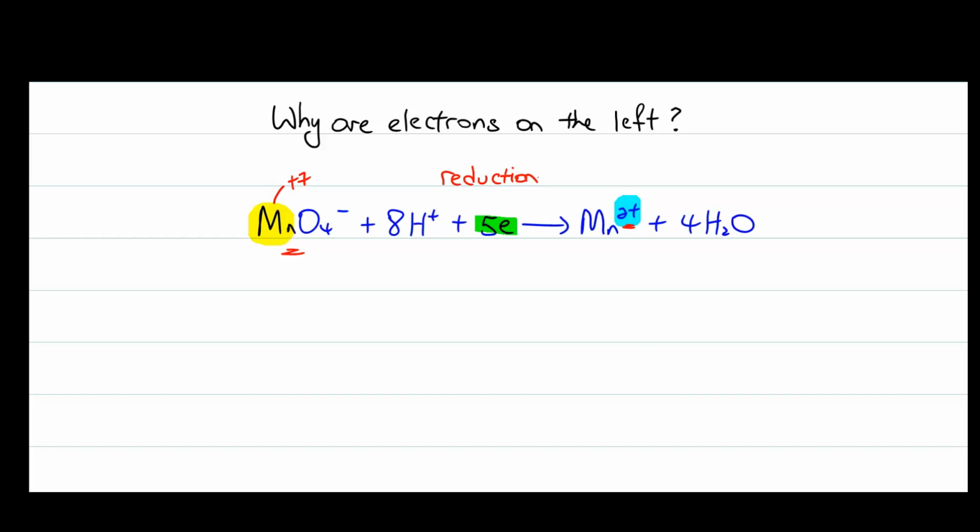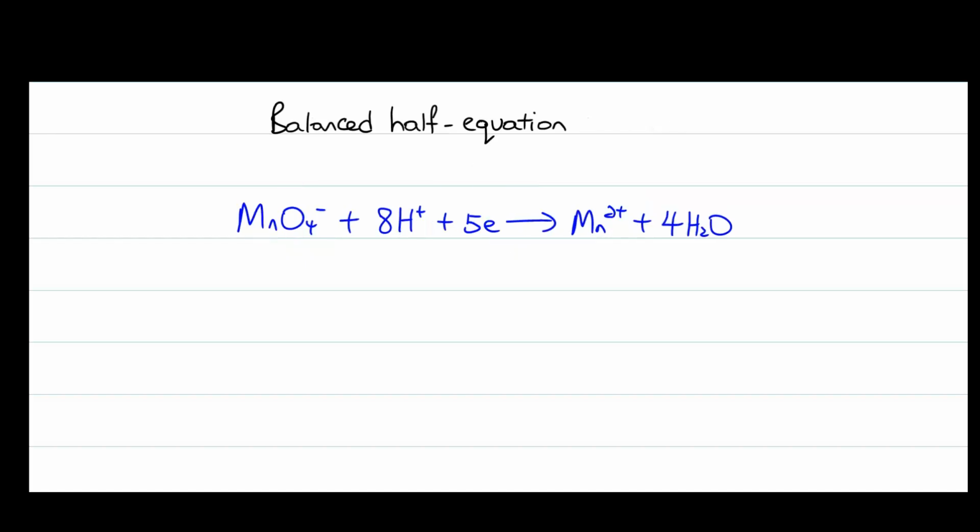That is why the electrons appear on the left-hand side. So the balanced half equation is permanganate ion plus 8 hydrogen ions plus 5 electrons gives manganese 2+ ion plus 4 water molecules. The H⁺ suggests that we have an acidic solution.